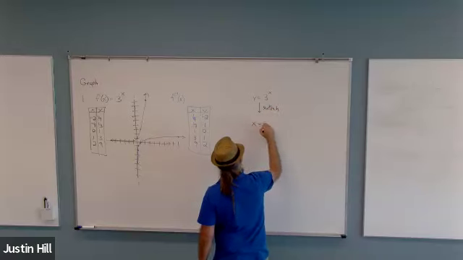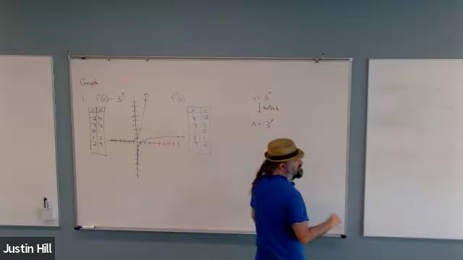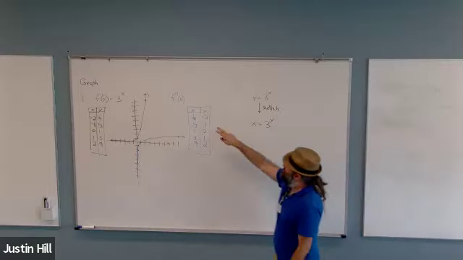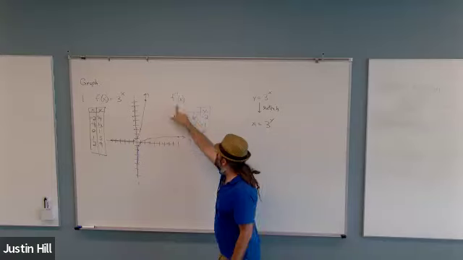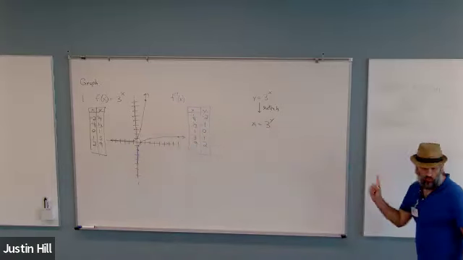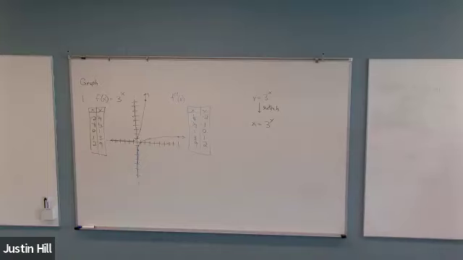So you switch it to x equals 3 to the y there. But then we need to get y by itself. So you're right. So this makes the inverse, but in order to write it in this form, y equals, we need to get y by itself. So from here, how do you think you get y by itself?